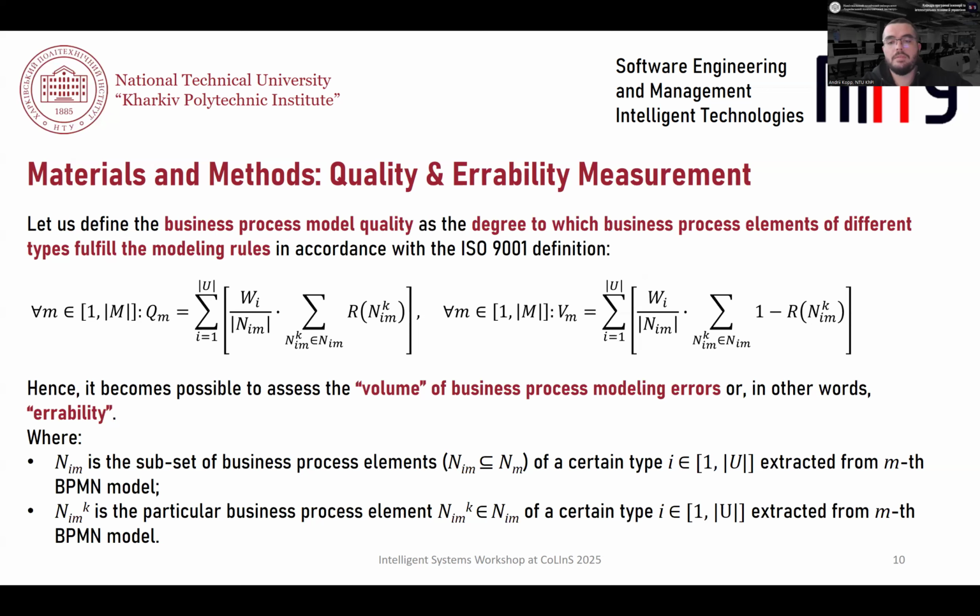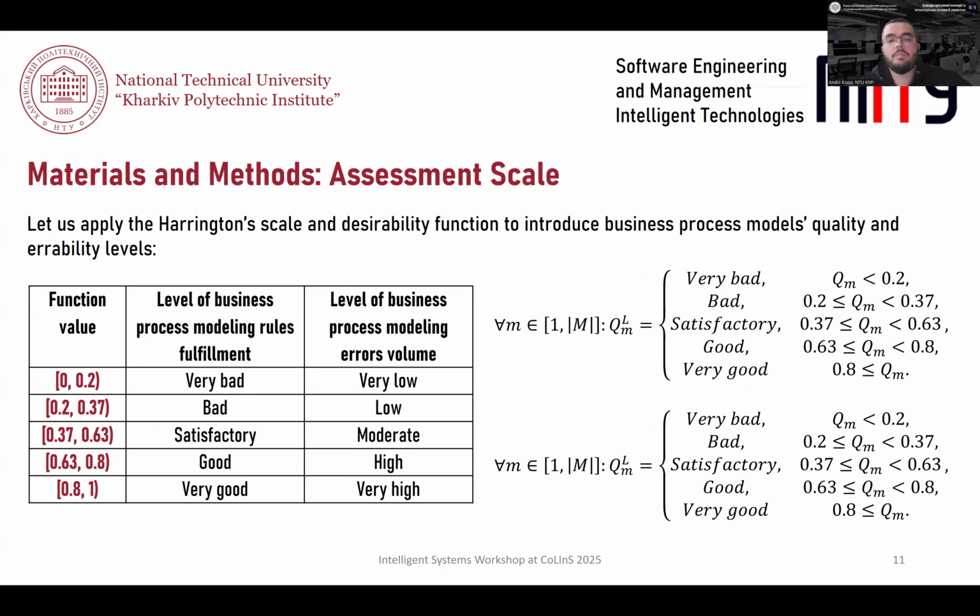And let us apply the Harrington scale and desirability function to introduce business process models quality and errability levels.